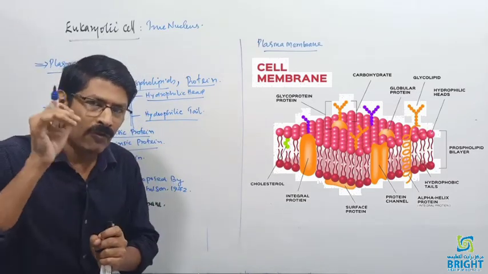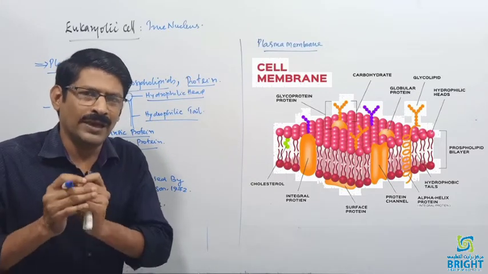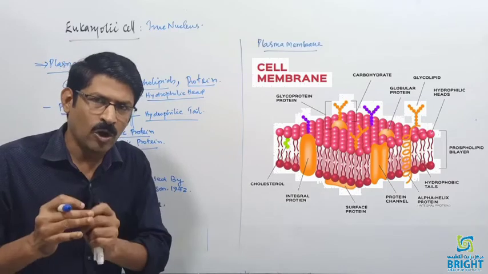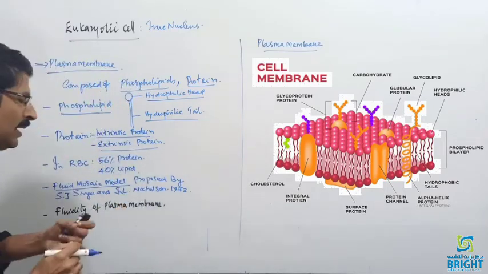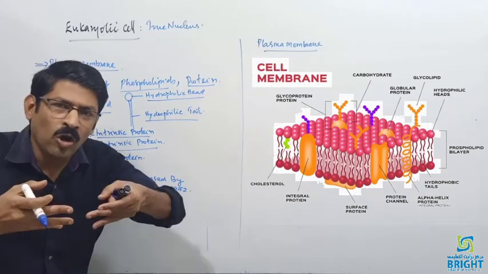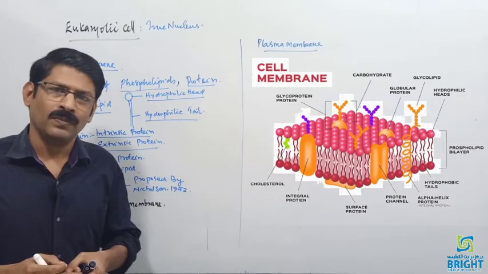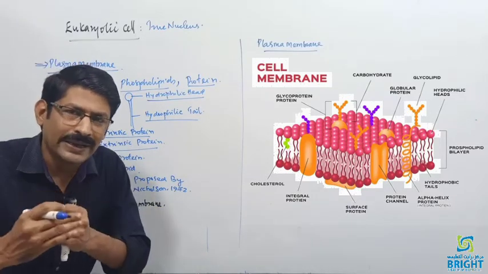The fluid mosaic model has certain merits, because it can explain all the functions performed by the plasma membrane, like the movement of molecules, membrane transport, cell junction, cellular communication, and cell recognition.